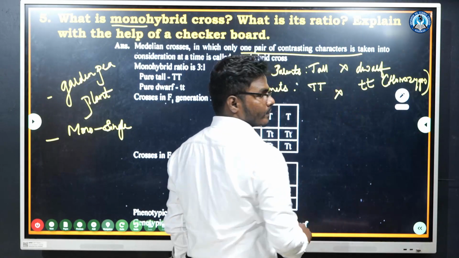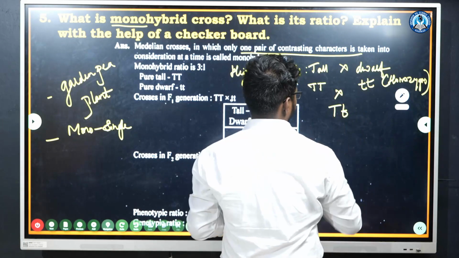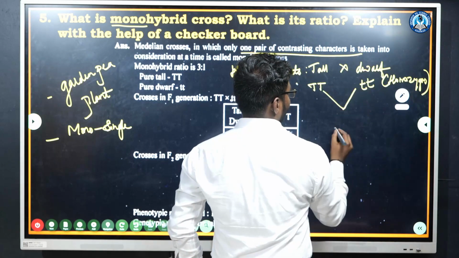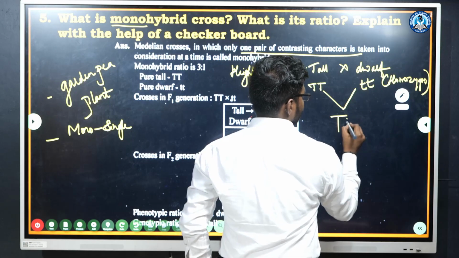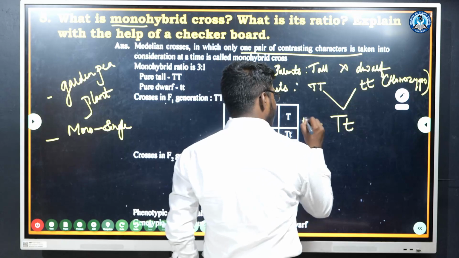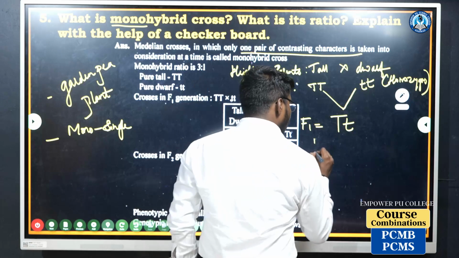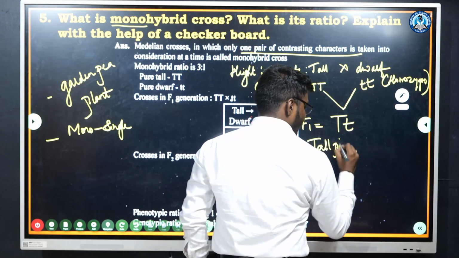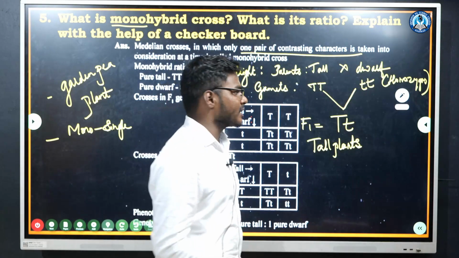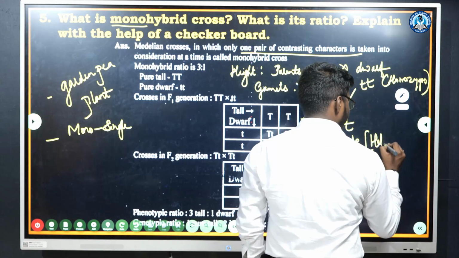So when there is a cross, the F1 generation is capital T, small t. That is, all the F1 generation are tall plants. But are they homozygous? No, they are heterozygous.